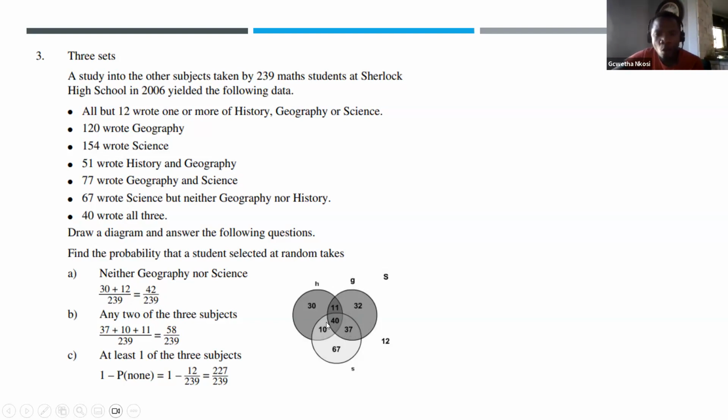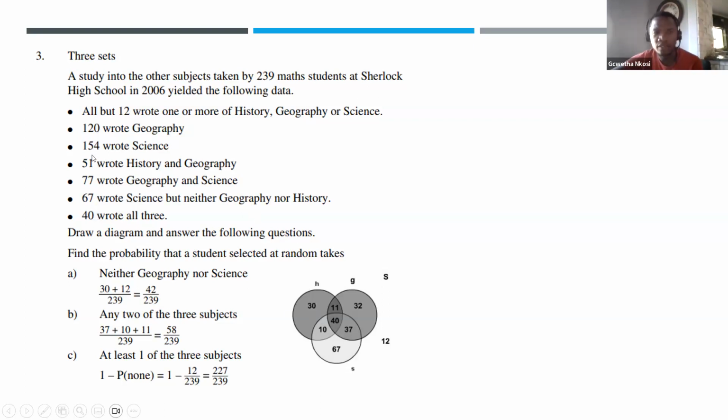Now, what is the number of all those students that took history and science only? They have taken history and science only. Remember, they've already told you that 154 wrote science.